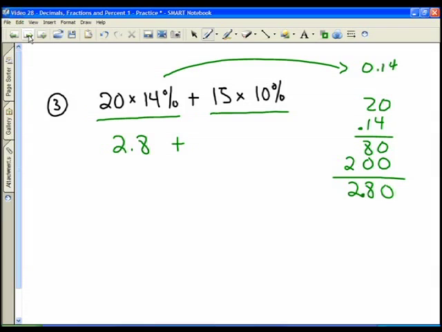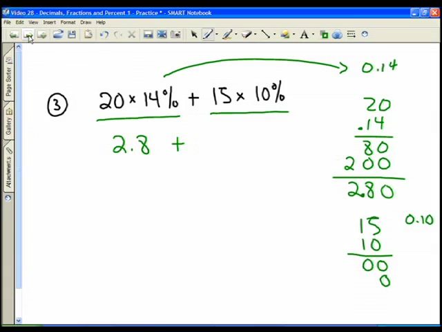And now I'm going to have to add that, and I'll do the same thing with this one. And 15 times 10%, and really 10% means 0.10. So I do my multiplication, and I've got 0 times 5 is 0, 0 times 1 is 0.